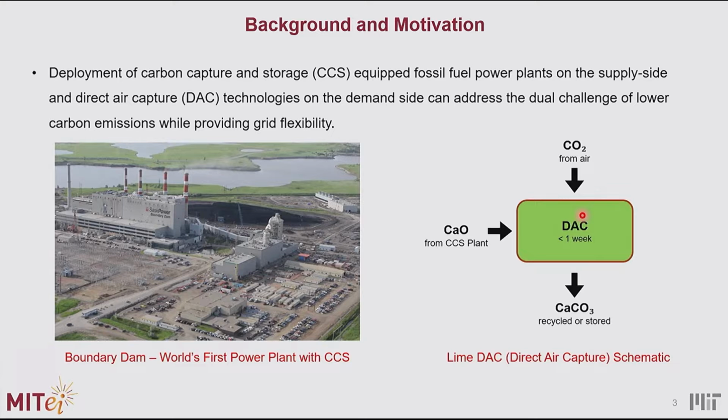We're showing here an example of one of the world's first power plants with CCS, Boundary Dam, which is not flexible enough. And we're showing here a schematic of the direct air capture system, and we will talk about this later on.